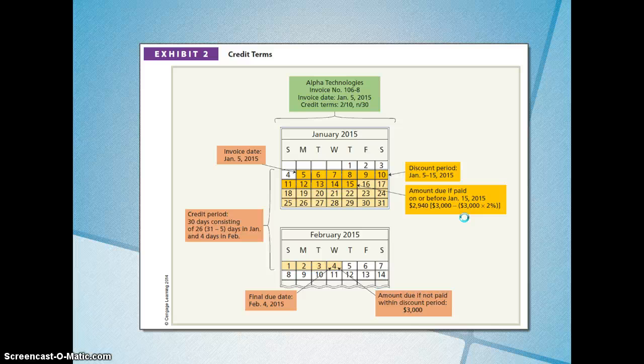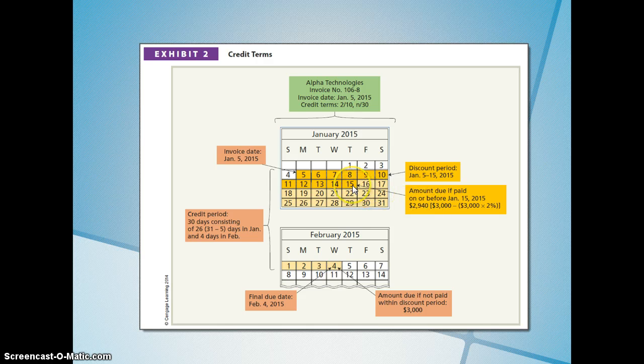If we look at Exhibit 2 in your book, it breaks out this information. So the invoice date was January 5th. 10 days from that, if you pay within this time period, you get a 2% discount. And if you'll notice, they calculated if the 2% discount is taken, then all Net Solutions has to pay is this $2,940.